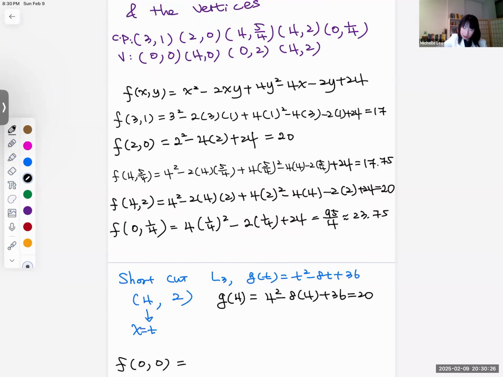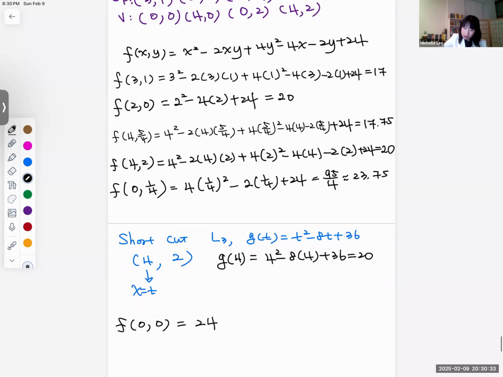So plug in 0, 0, then we get 24, right? How about 4 and 0? So plug in 4 squared minus 4 times 4, and 0 plus 24. 24?